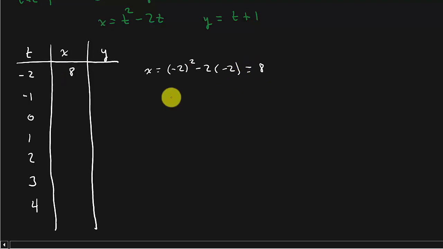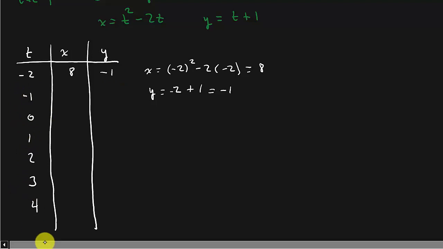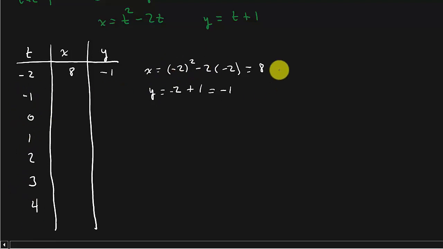And then y would be -2 plus 1, which equals -1. So that's what we do with each one of these t values: take the -1, plug it in for t, get our x value, and plug it in for t to get our y value.